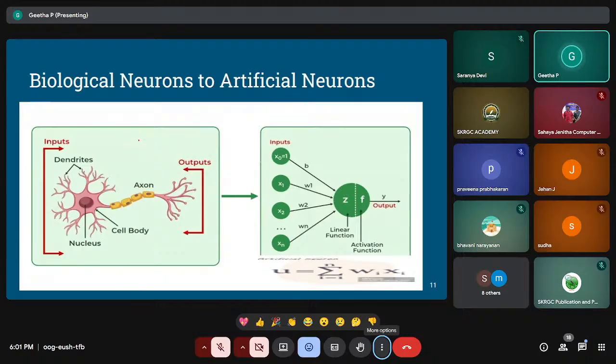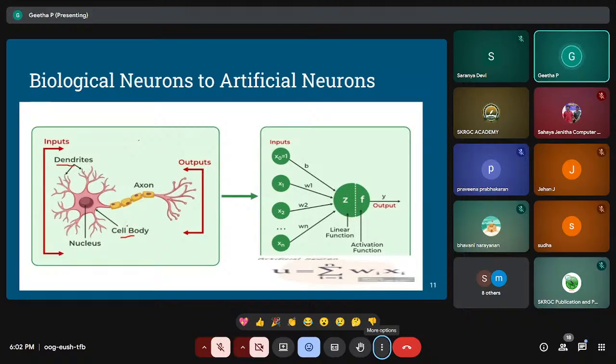Here we have the biological neuron. It is a nerve cell, the basic unit of the human brain and our nervous system. It receives, processes, and transmits information through electrical and chemical signals. Input signals arrive through the dendrites. The cell body processes the signals and generates an electric impulse if it reaches the threshold value.